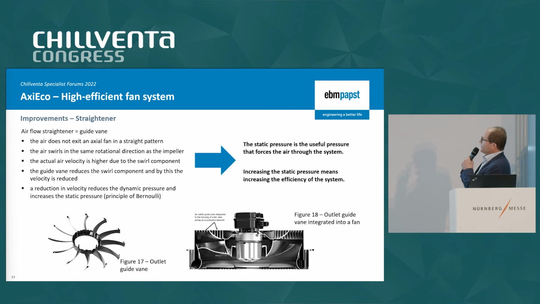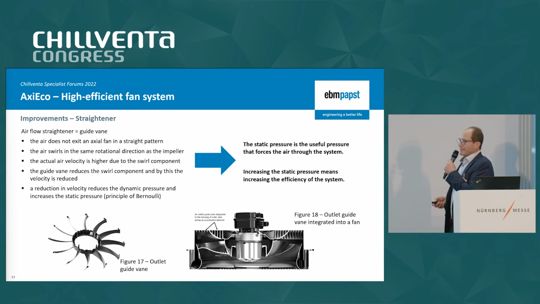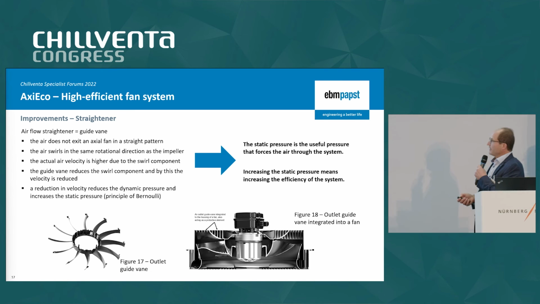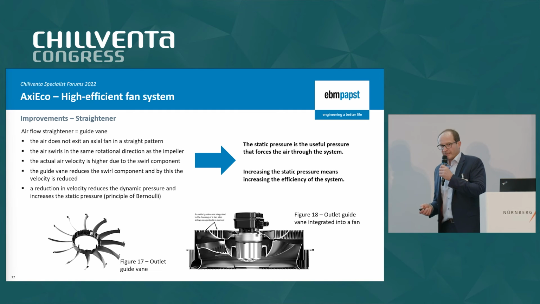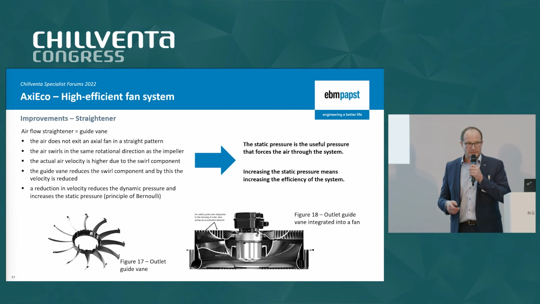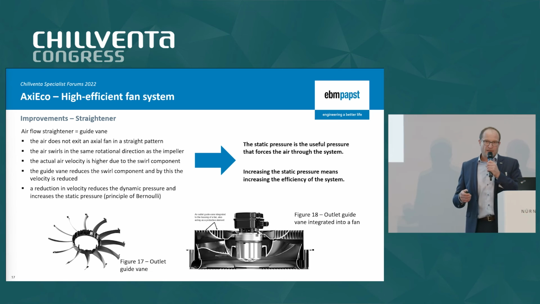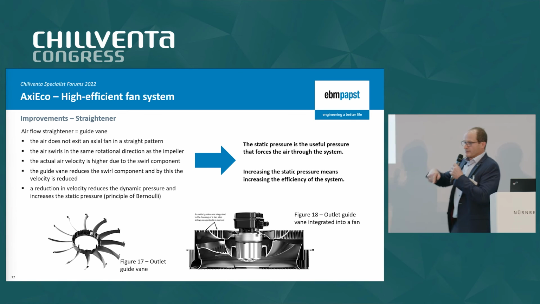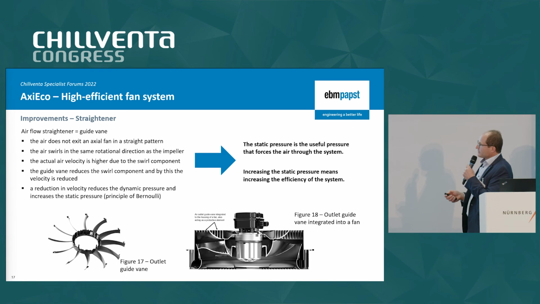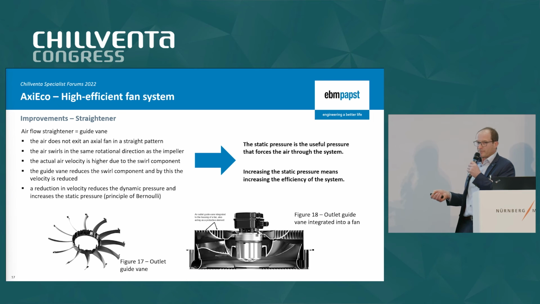What else can we do? We can use so-called guide vanes or straighteners. It has a similar effect. If you look at the airstream of an axial fan, especially the air outlet stream, you do not have really laminar flow. We have also some rotational portion of the airstream caused by the rotating impeller. This rotation, or swirl, can be reduced by using these guide vanes, these blades here.